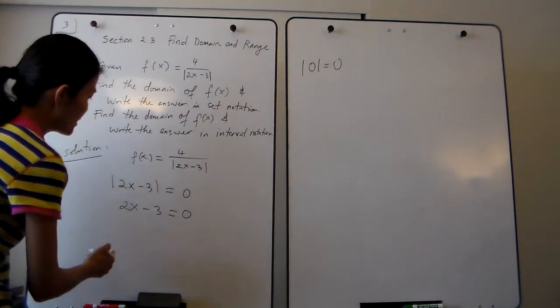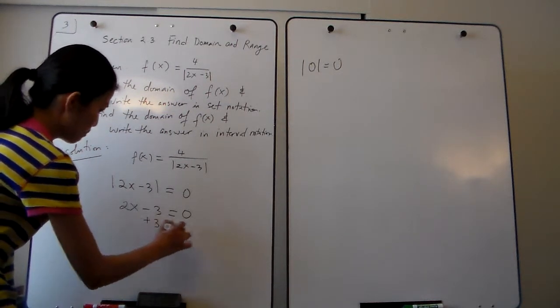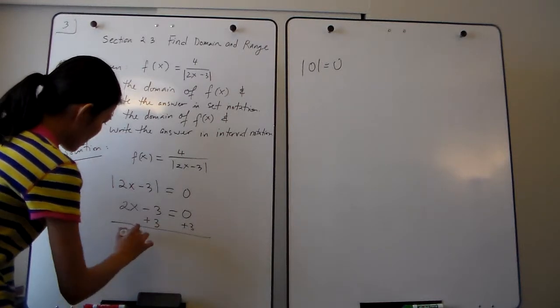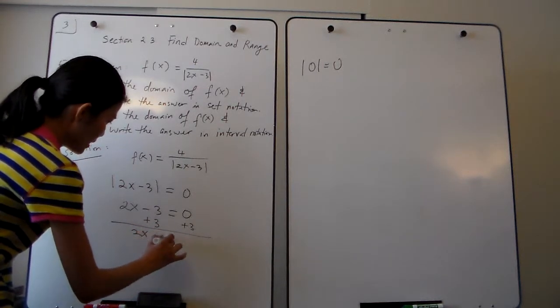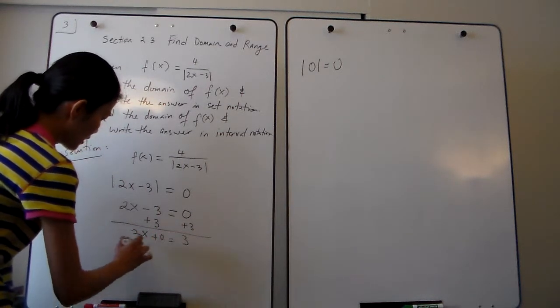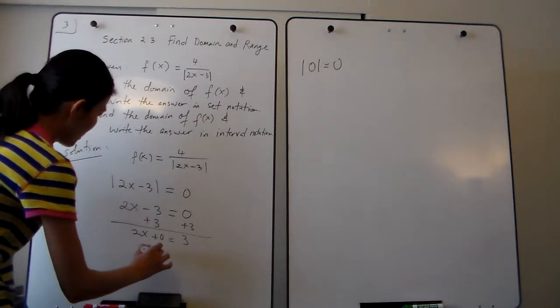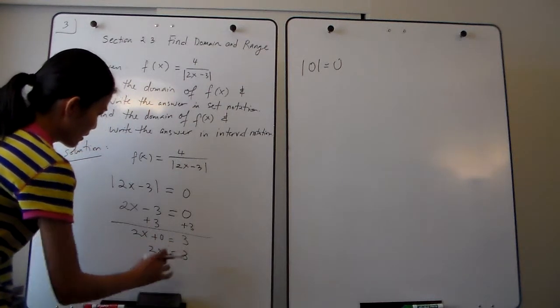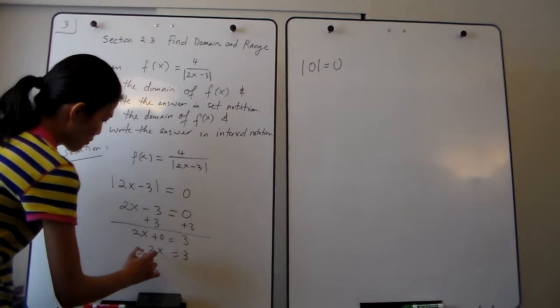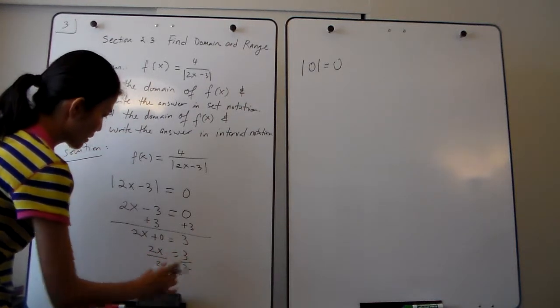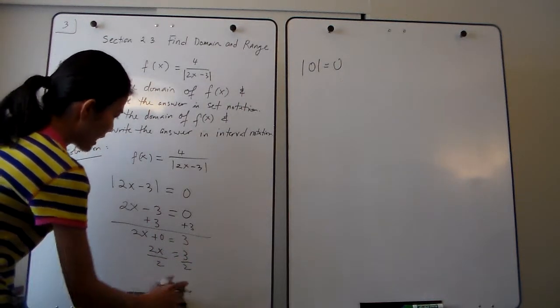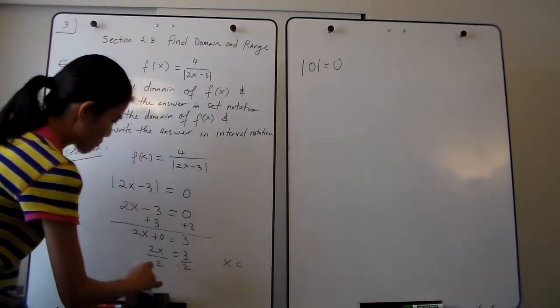Solve for x: we use the addition principle, add 3 to both sides. 2x plus 0 equals 0 plus 3, which is 3. 2x plus 0 simplifies to 2x. Using the multiplication principle, divide both sides by 2. 2 divided by 2 is 1, and 1 times x is x, equal to 3/2.